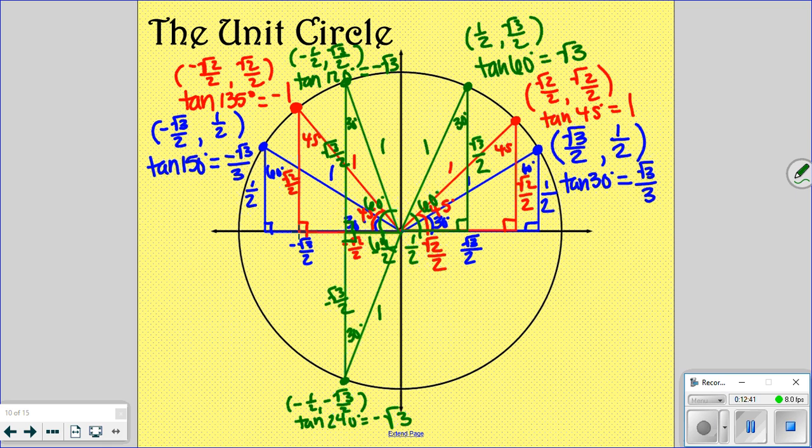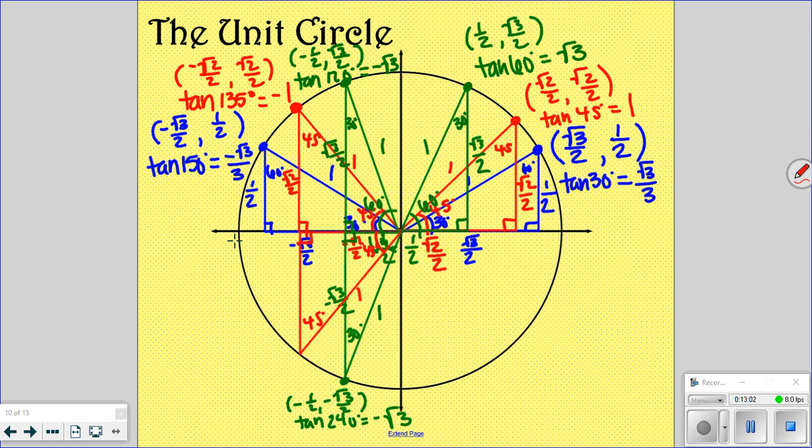So if we do this triangle, it's going to be our 45, 45, 90 triangle. So this angle here is 45 degrees, and this angle is also 45 degrees. And so this side length we already have is negative square root of 2 over 2.